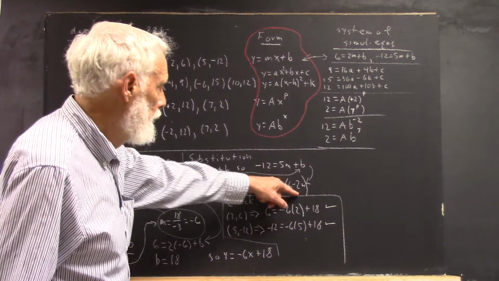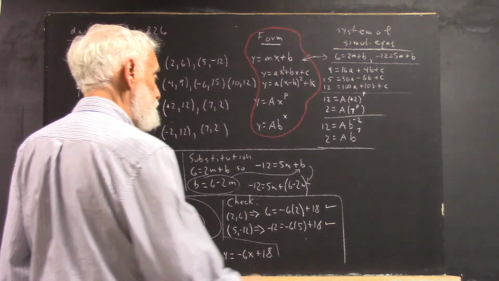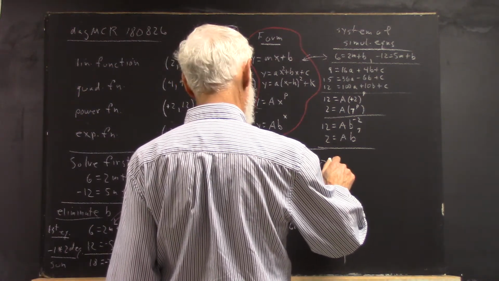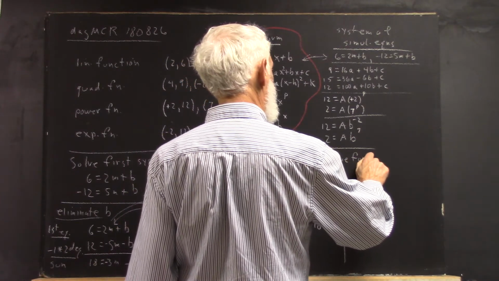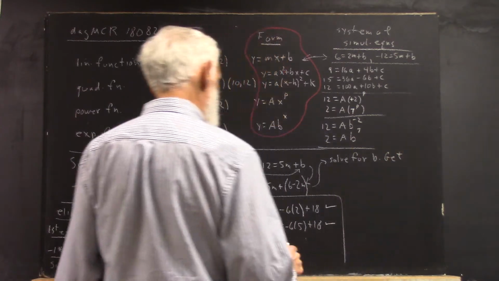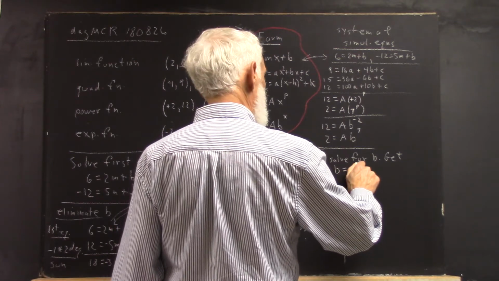We've replaced b by this expression for b. So we solve for b, and we get, no surprise, b equals 18.